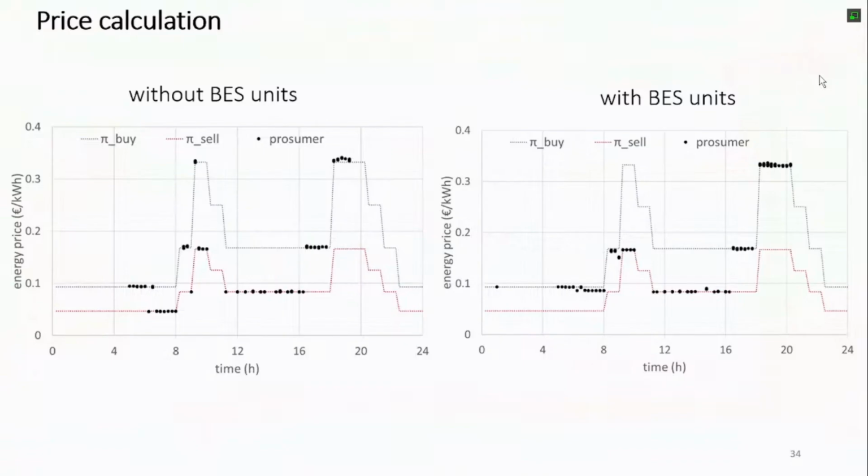So this modifies the behavior a little bit, not much, and these dots deviate a little from the previous behavior. Does it make sense? Do you have any question? So these were the results.